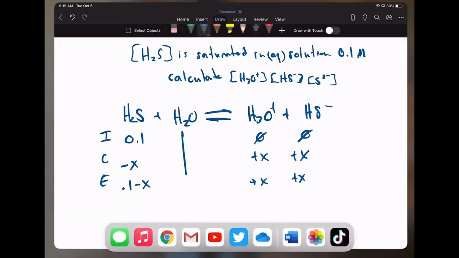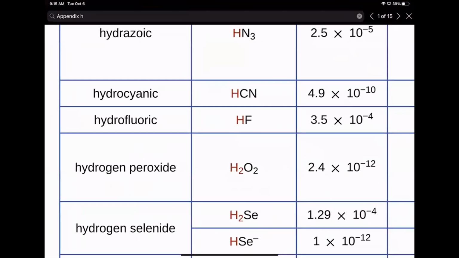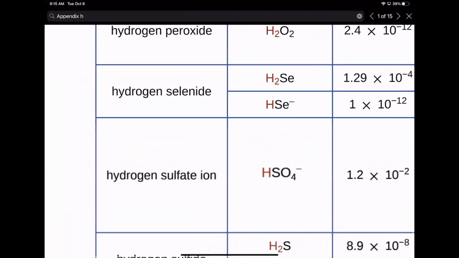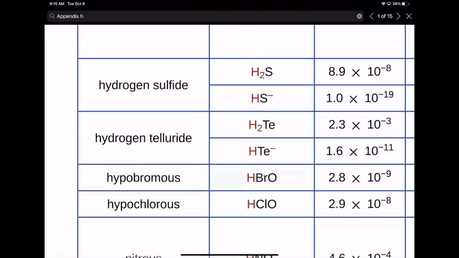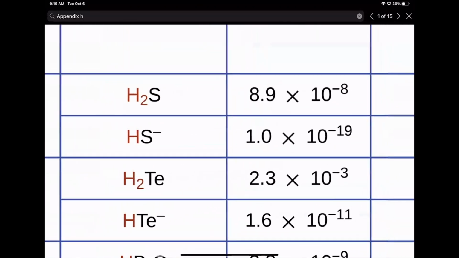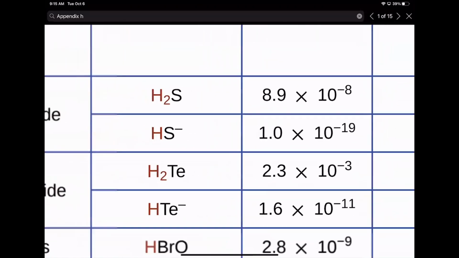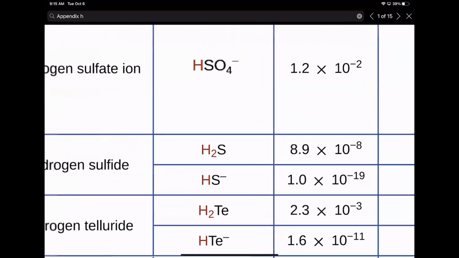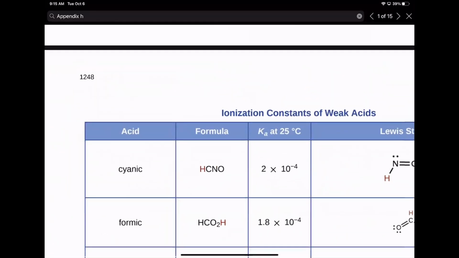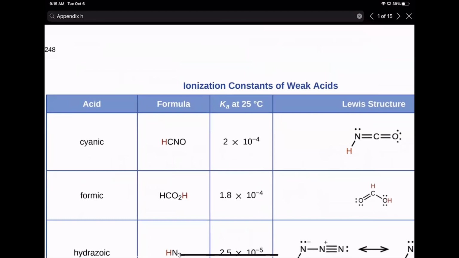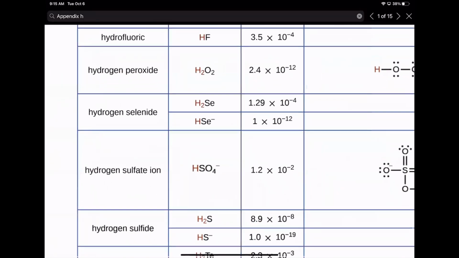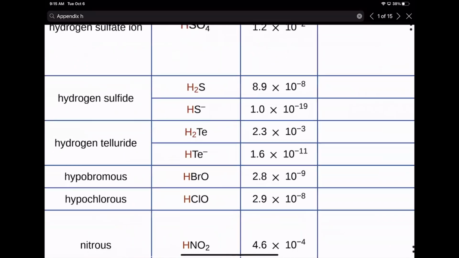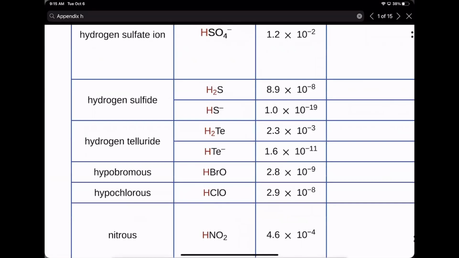Let's see. Oh, there it is. Perfect. So here we actually are able to find both of our Ka values, the ionization constants of weak acids. Let me go ahead and write both of those down.